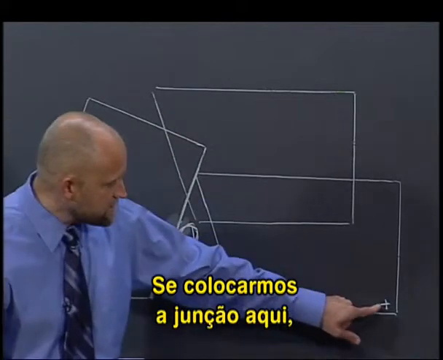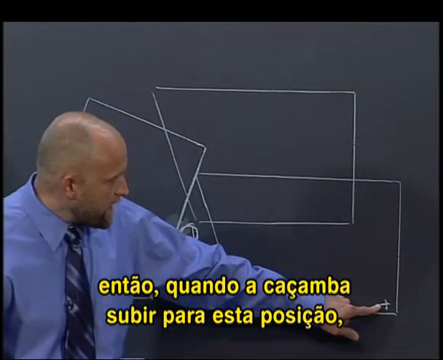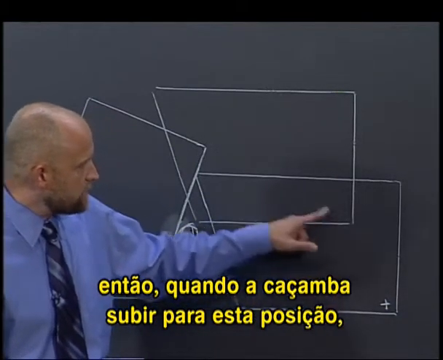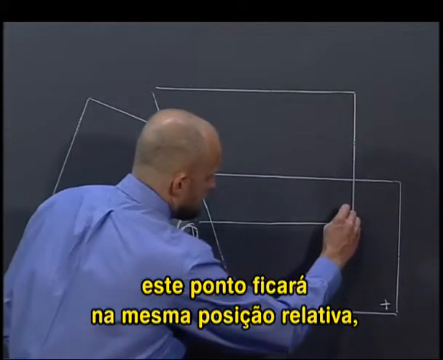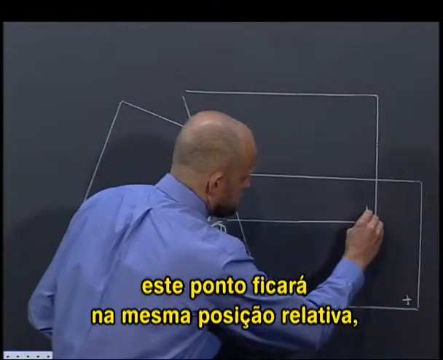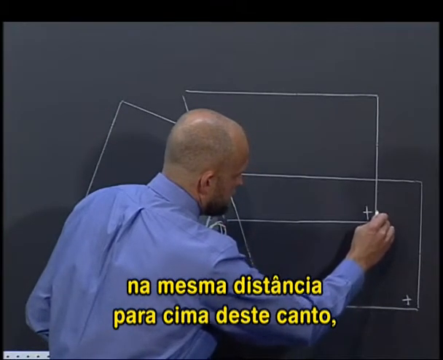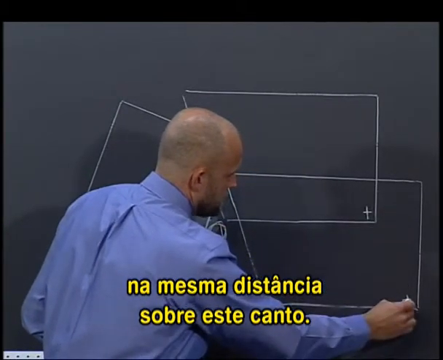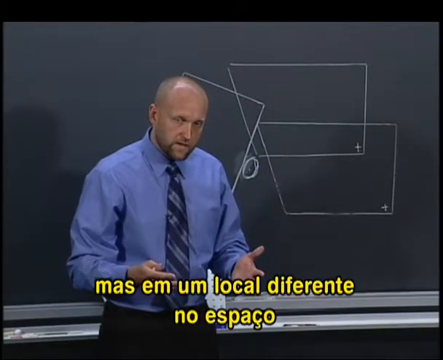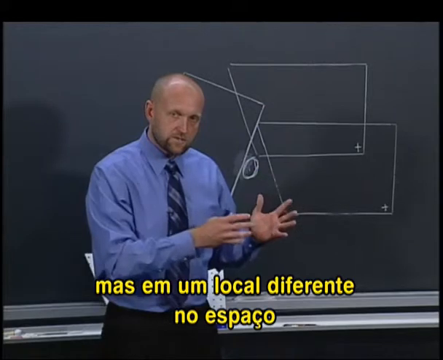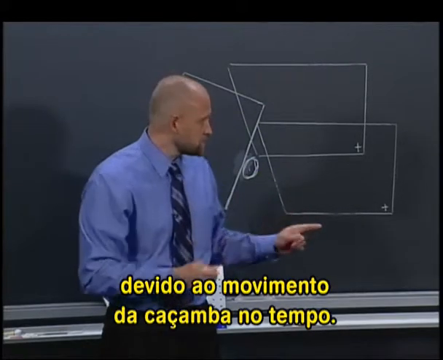Now, if we place the joint there, then when the bed lifts up over into this position, that point is in the same relative position. The same distance up from this corner, the same distance over from this corner. It's really the same physical point, but it's at a different location in space because of the motion of the bed in time.